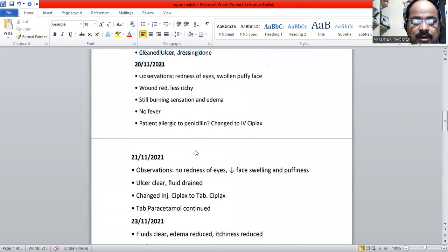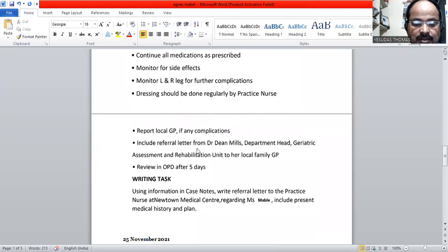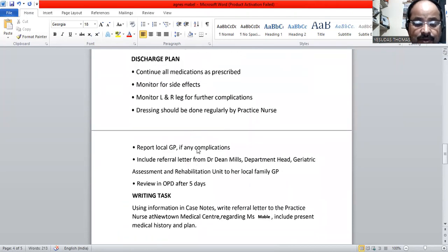Let's go ahead with the writing task. We are going to write a referral letter to the practice nurse at Newtown Medical Center regarding Miss Mabel. Include present medical history and plan.